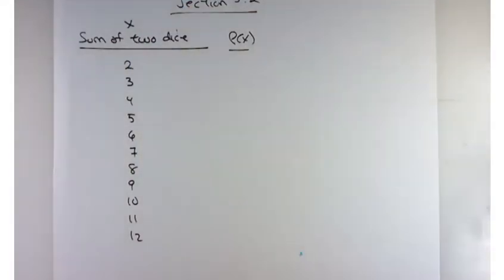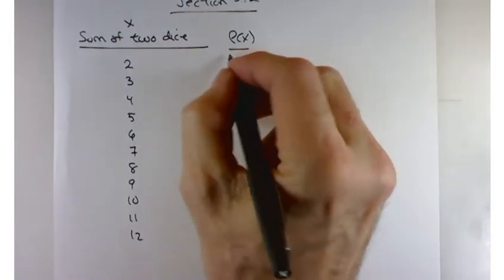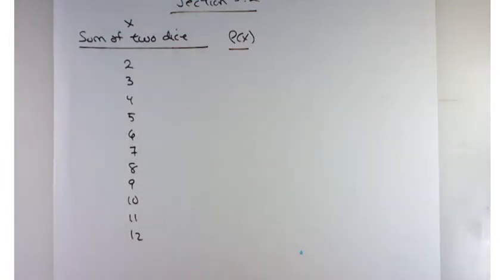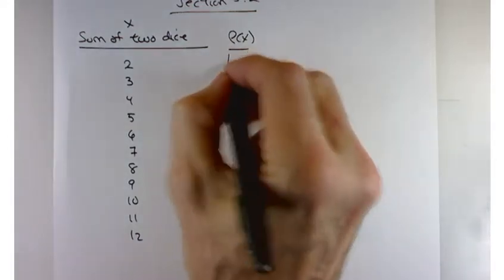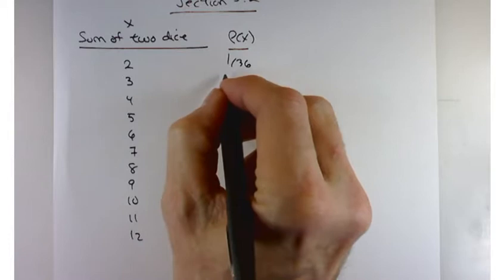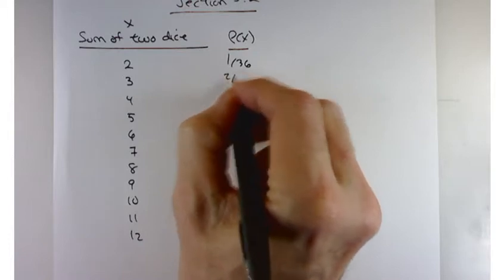Just a quick rundown here. You don't have to copy it down yet. We'll put it in our Google Sheets later. The probability of rolling a 2, snake eyes, is 1 in 36. Then the probability of a 3 is 2 in 36.